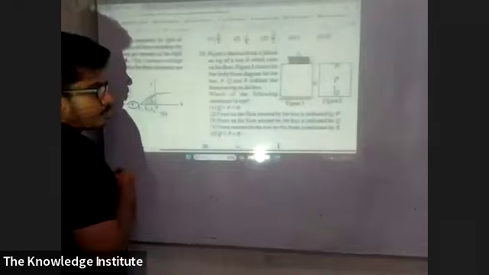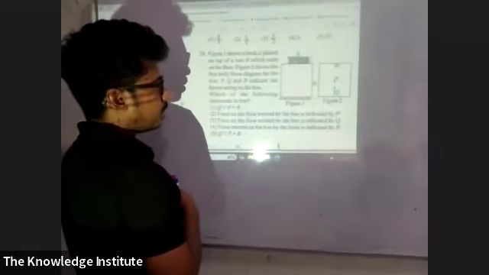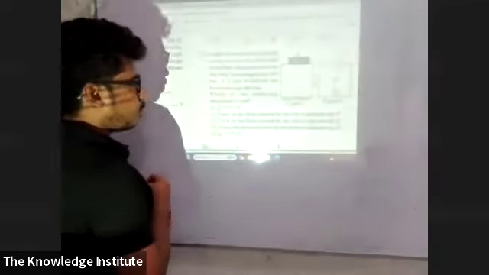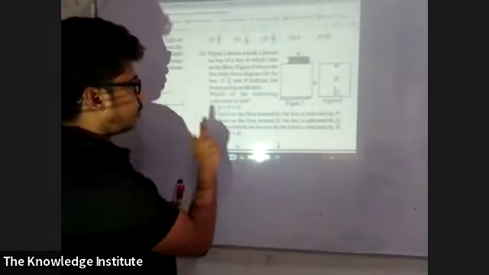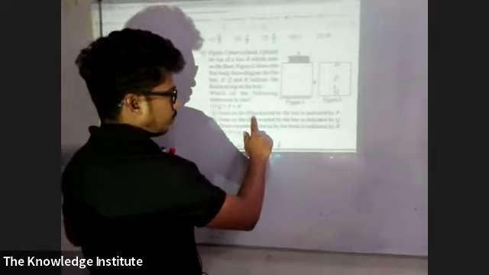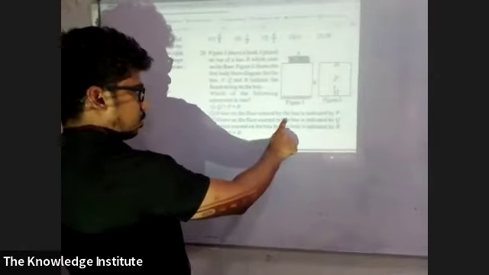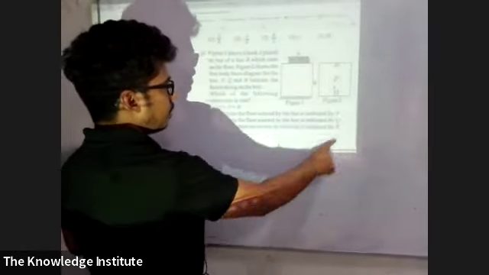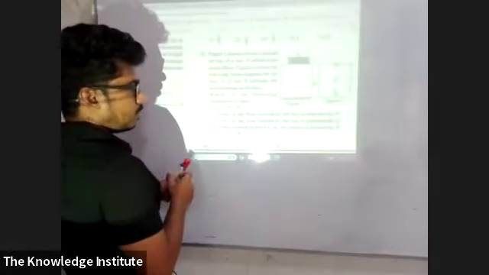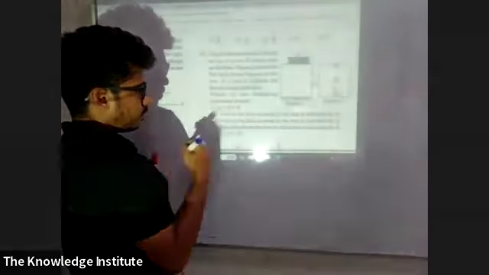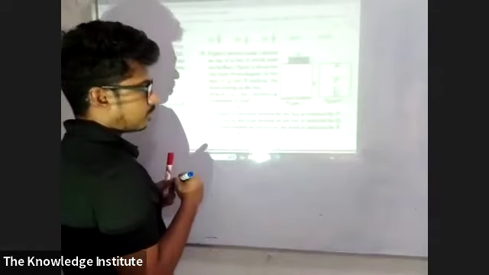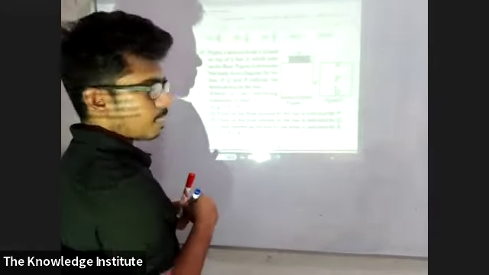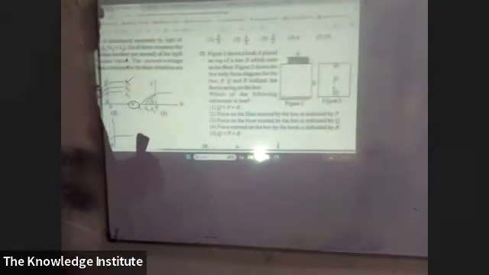Force on the floor exerted by the box is indicated by P. Wrong, since these are all acting on the box.